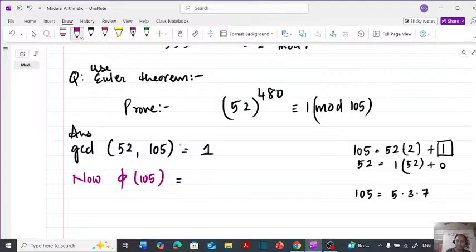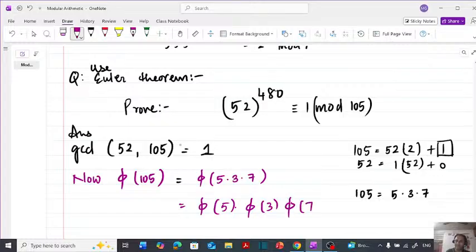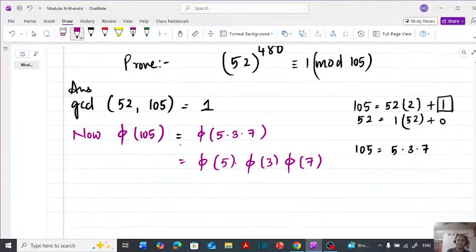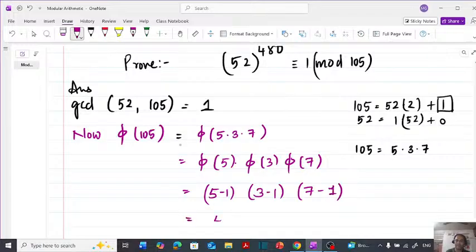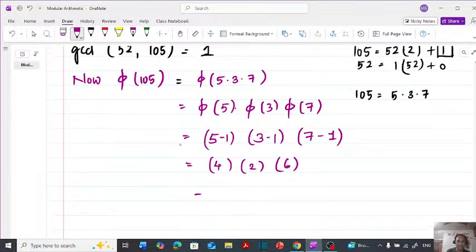Because all of these have GCD as 1, they are distinct primes, so I can write it as multiplicative: phi of 5, phi of 3 and phi of 7. So phi of p is p minus 1, so here it is going to be 5 minus 1, 3 minus 1 and 7 minus 1. So this is going to be 4, this is going to be 2, and this is going to be 6. 8 sixes are 48.